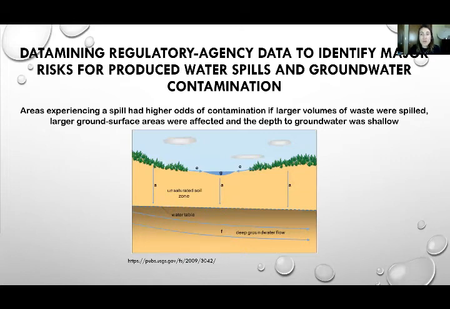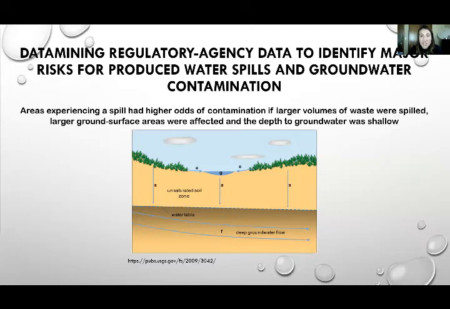So getting into more specifically this research, once I found out the type of data that was available from these oil and gas spill reports, I was able to generate a few hypotheses. So I said that areas experiencing a spill had higher odds of groundwater contamination if larger volumes of waste were spilled, larger groundwater surface areas were affected, and the depth to groundwater was shallow.